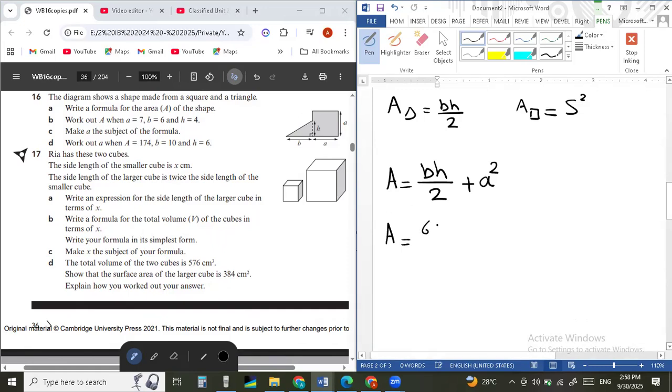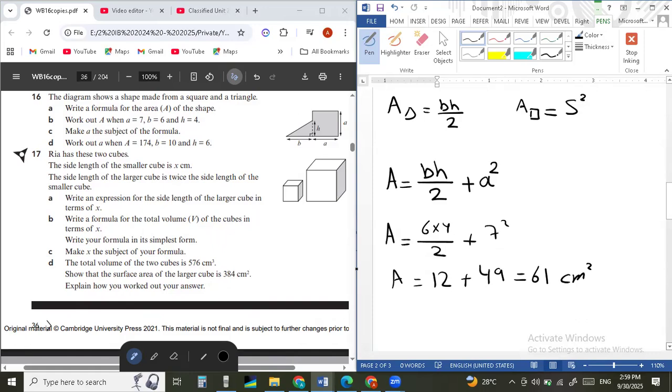So 6 times 4 over 2 plus, they said a is 7, 7 squared. So A equals 6 times 4 is 24. 24 divided by 2 is going to be 12, plus 7 squared is 49, which is going to give you exactly 61 centimeters squared.